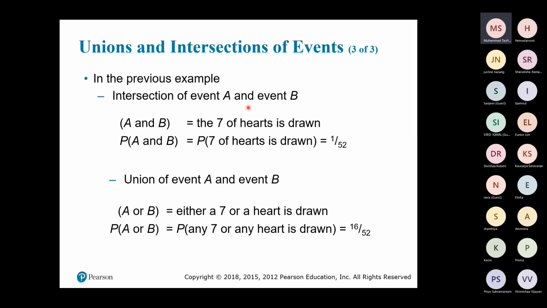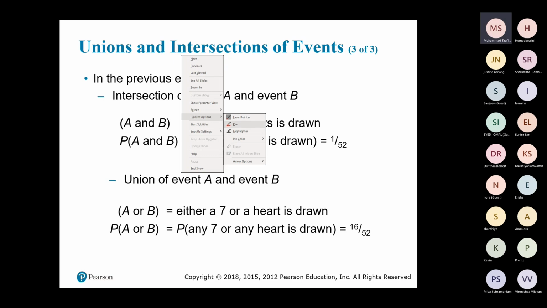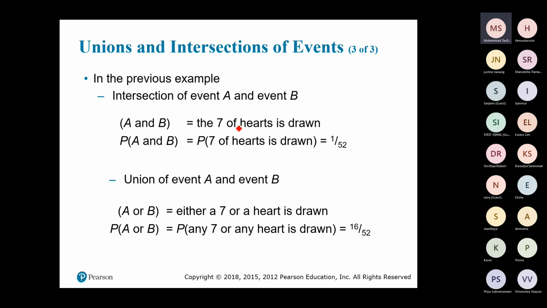And then the probability of pulling a heart is 13 over 52. So how to calculate the probability? Let me show you how, because they didn't give you the formula.